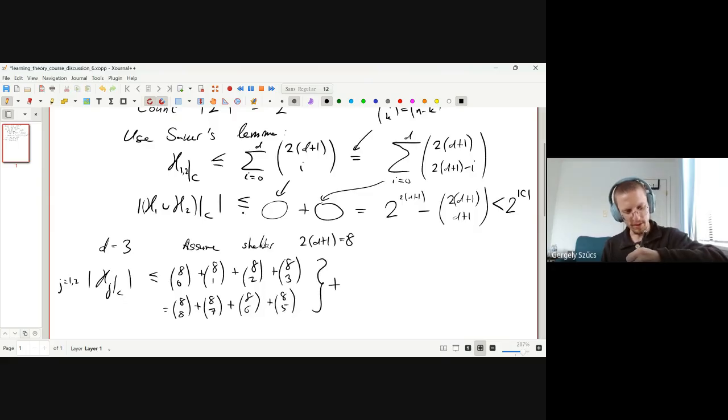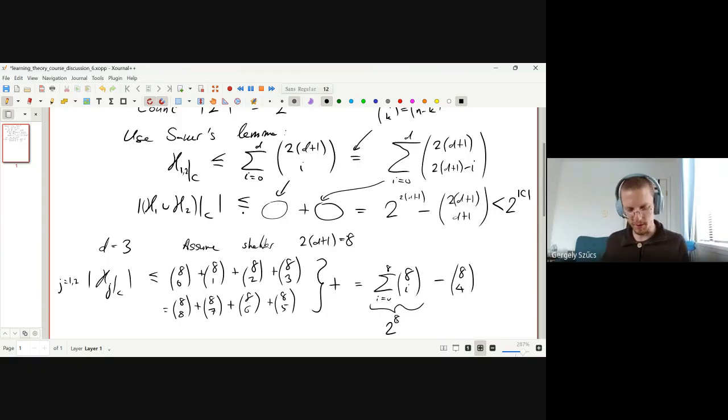So if we add these two up, then we get all the binomial coefficients except for the middle one, which is 8 choose 4. The sum of all of them is 2 to the 8. So that's why we're short.